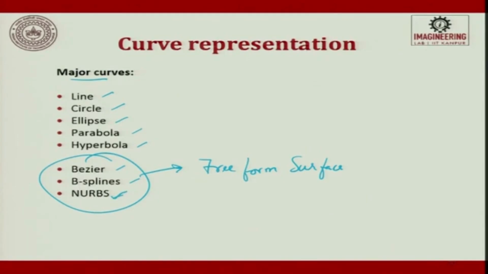Today we exhaustively use NURBS. Bezier and B-spline were used initially, because any object you take has a lot of free form surfaces, so for those you will be using Bezier, B-spline or NURBS curves. But for our academic purpose, we will also try to understand lines, circles, ellipse, parabola and hyperbola.